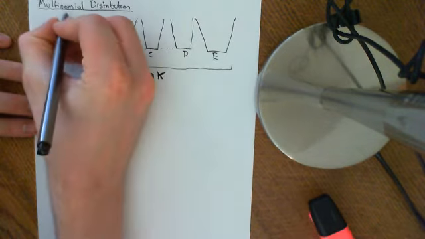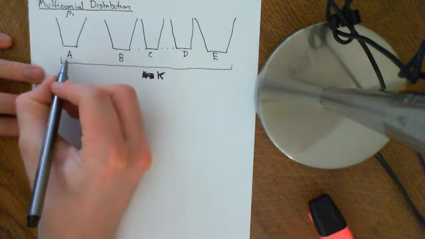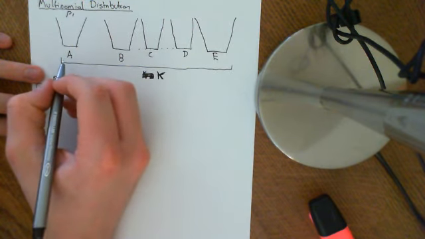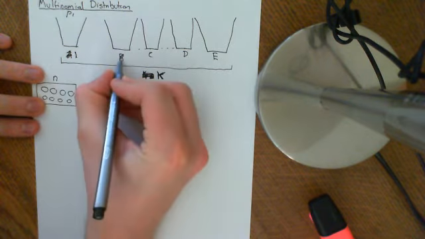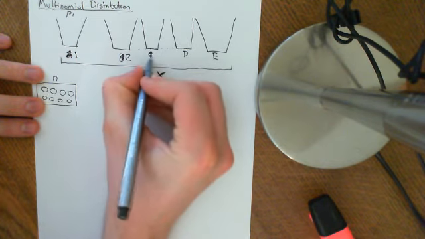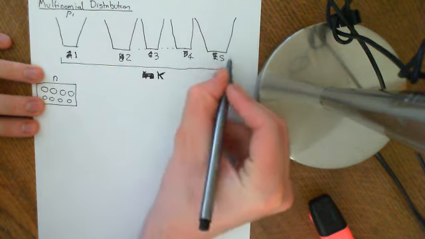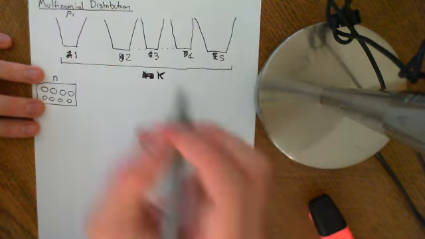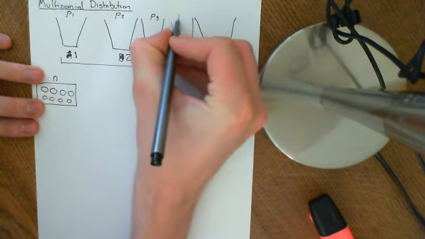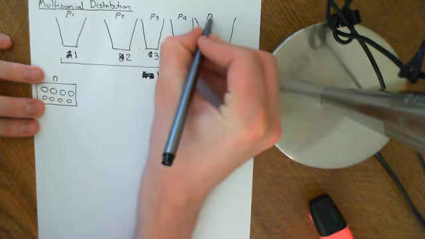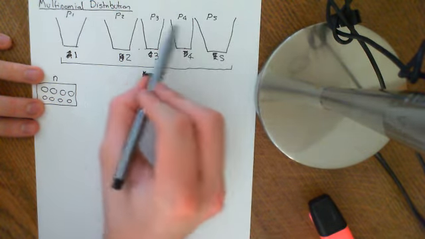So I'll call this up here P1 for the probability that I throw it in the first basket, which I've called basket A. Maybe I should have just labelled these baskets by numbers. Let's get rid of basket A and relabel them basket 1, basket 2, basket 3, basket 4, basket 5, etc., all the way down to basket k. And then we've got P2, P3, P4, P5, and of course there's a condition on this. I have to throw it into one of them, so the probabilities should add up to 1.